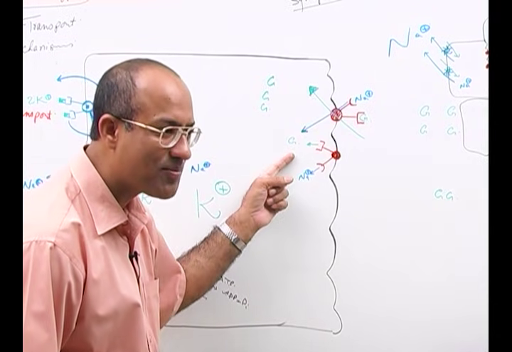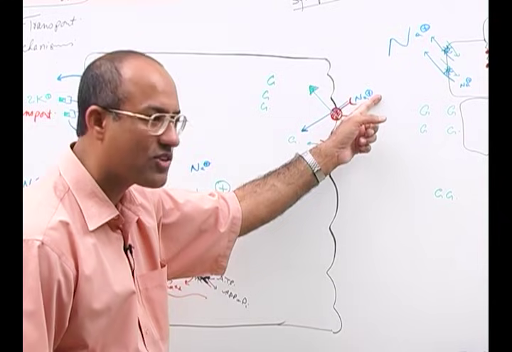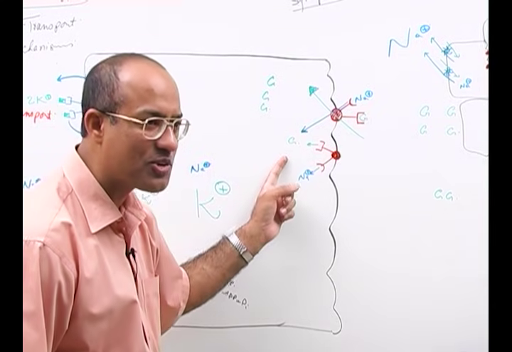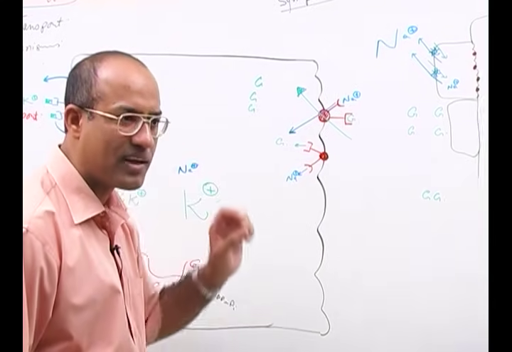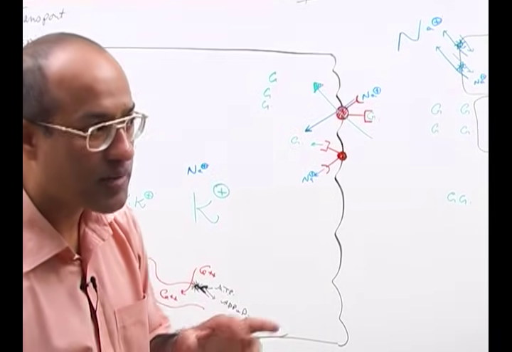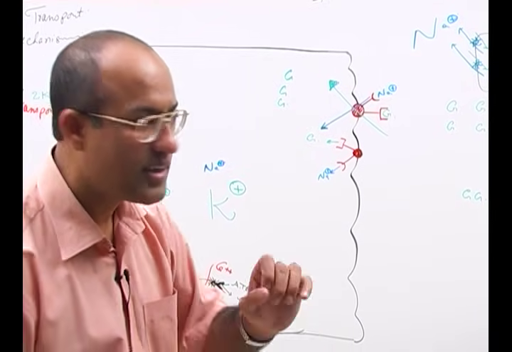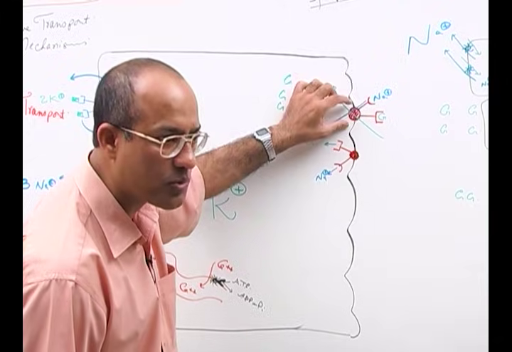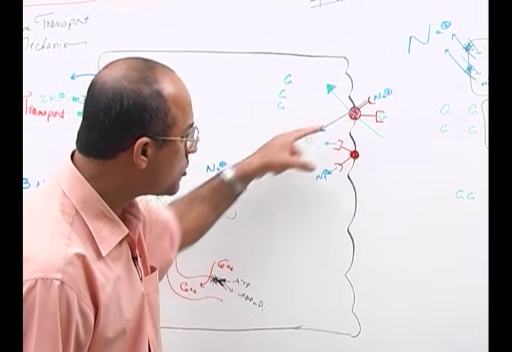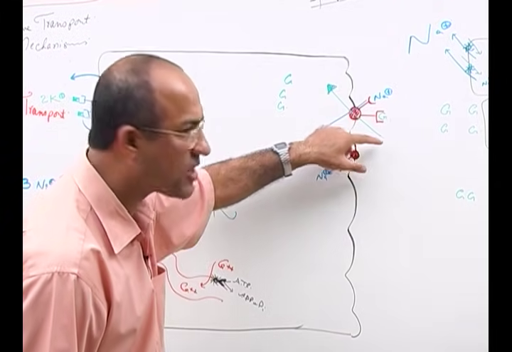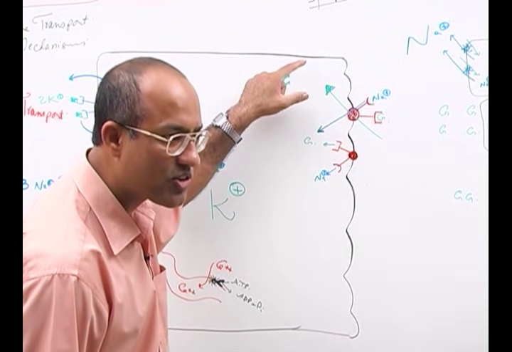Sodium is moving from high concentration to low concentration. So this concept is little bit complex, but I hope your complex mind will understand it, right? That same transporter is moving one substance down the concentration gradient and other substance up the concentration gradient.